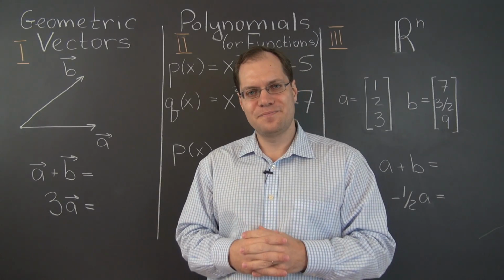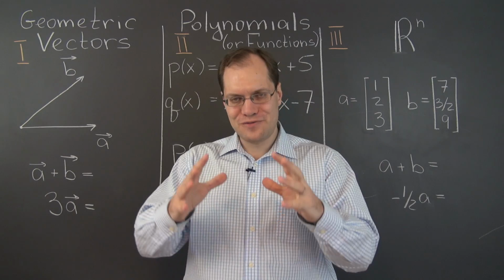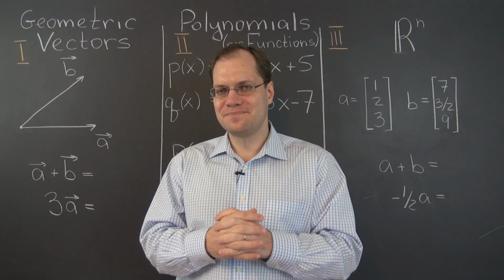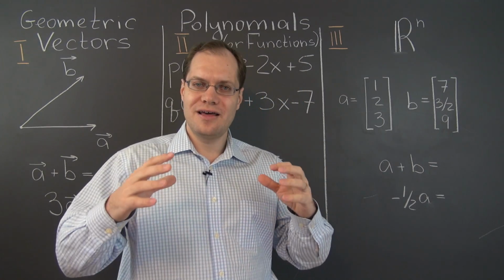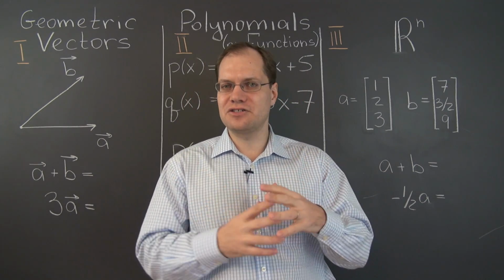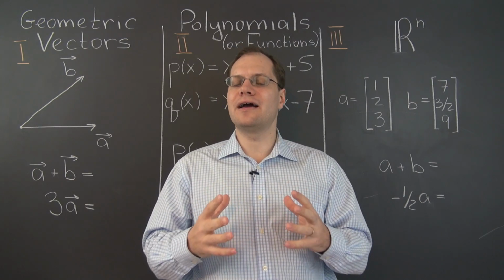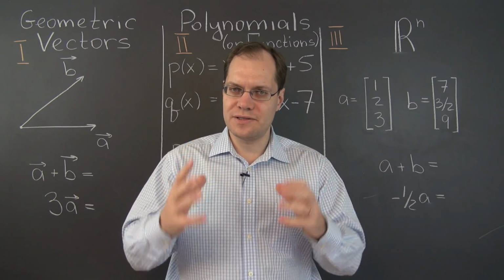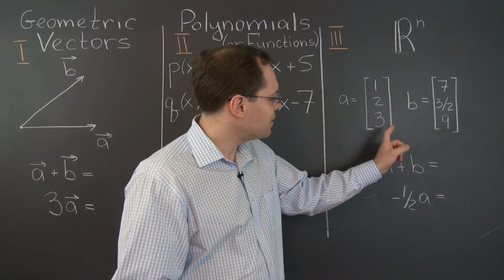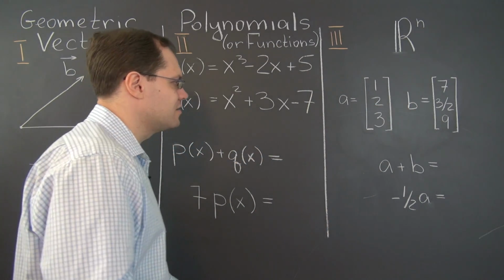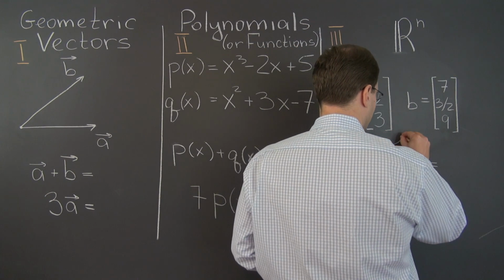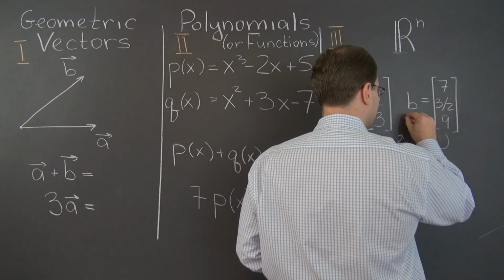What is Rn? Well, from a certain point of view, it's the simplest kind of vector, a simple kind of vector to think about. And from a different point of view, it's the most abstract kind of vector you can imagine. Rn is sets of numbers. Here I have examples of triplets of numbers. So what we're looking at here is elements of R3.